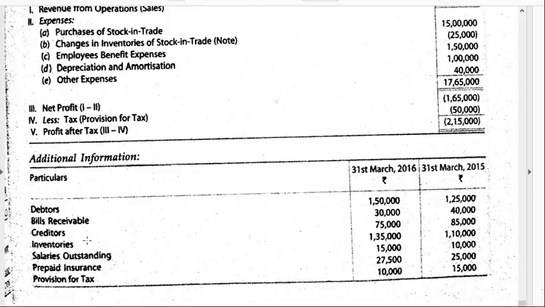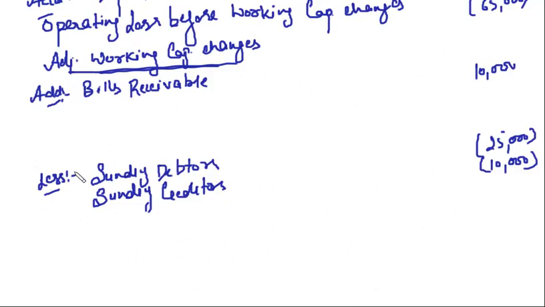So what we will say is, if there is an increase in the value of a current asset, then what to do? If there is an increase in the value of a current asset and the current assets are moving in the opposite direction, we will subtract inventories here 25,000. Clear?